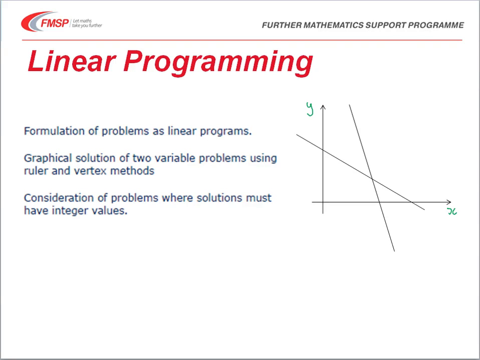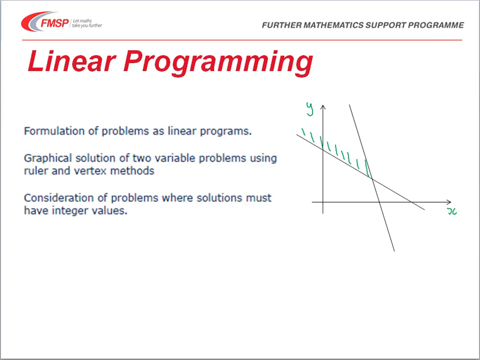Having written down the constraints, we're expected then to solve the problems using a ruler and vertex method. Now this involves drawing the lines for the constraints onto an xy graph, and indicating the region which is what's called the feasible region.